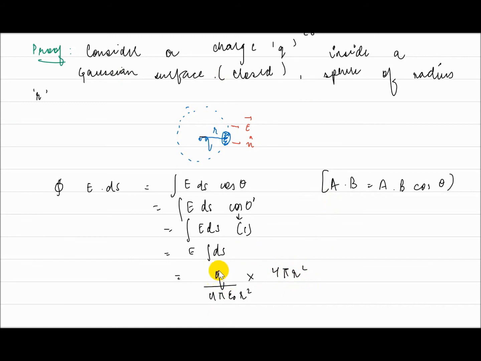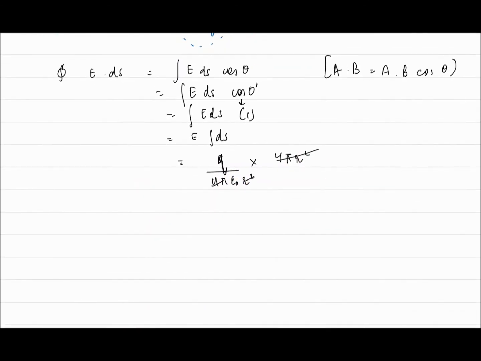We know the electric field is Q upon 4 pi epsilon naught r square, so we'll cancel these out, which gives us the answer, the proof. E dot ds is equals to Q by epsilon naught, the charge enclosed and epsilon naught. So this is the proof for Gauss' law.